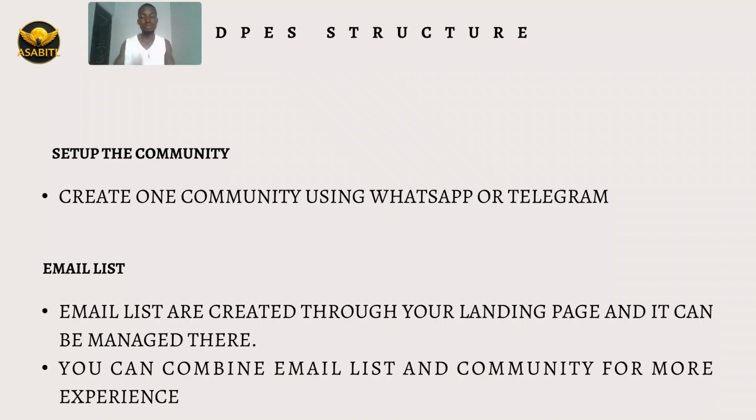You can manage your email list from your landing page. You can combine email list and community for more experience, if you like. But for better interaction with your clients and your subscribers, you use the community directly so that they get in touch with you, feel you, and all of that.